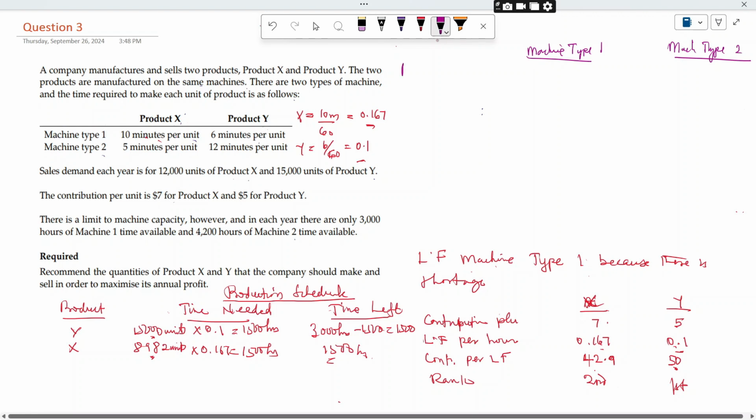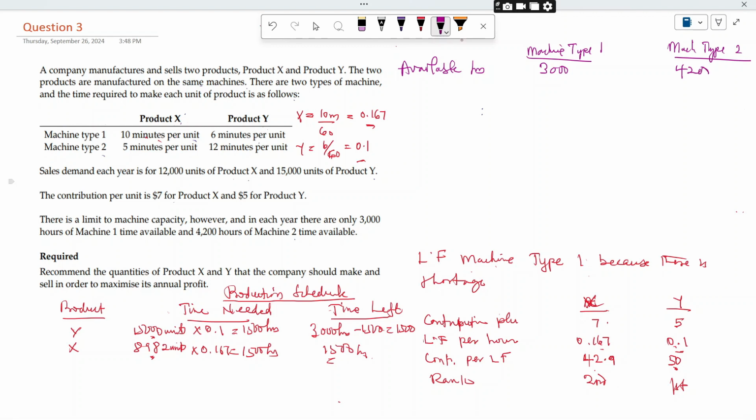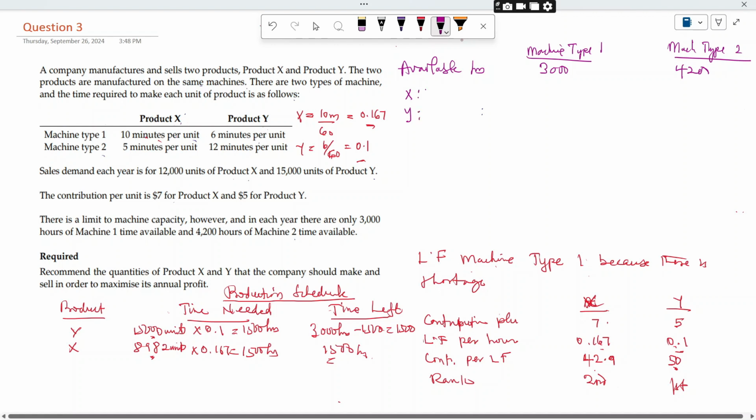Now, the available hours was 3,000 here and 4,200 here. Instead of going all the way to compute everything in minutes, we can have it in hours. So here for X is 12,000 units.